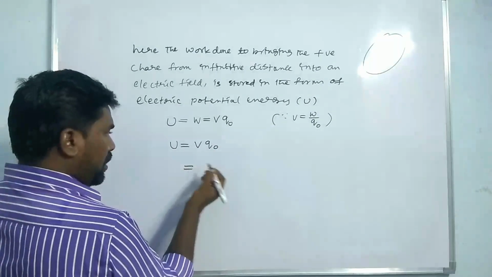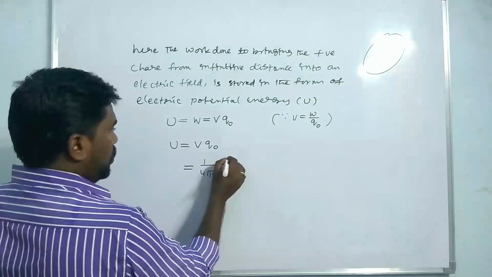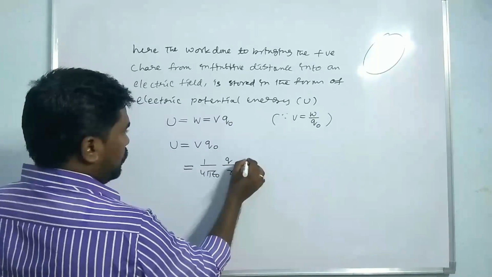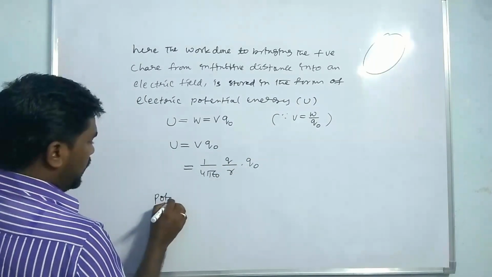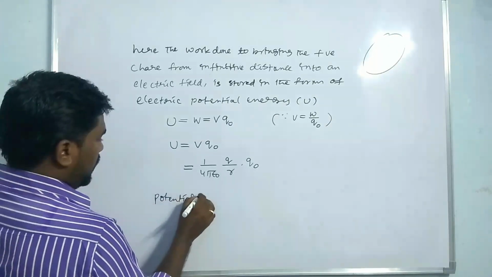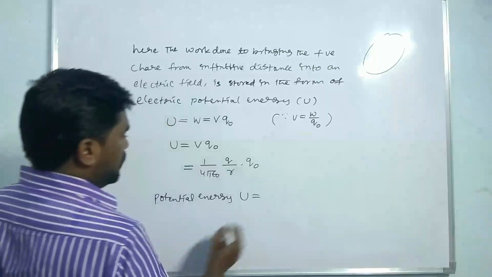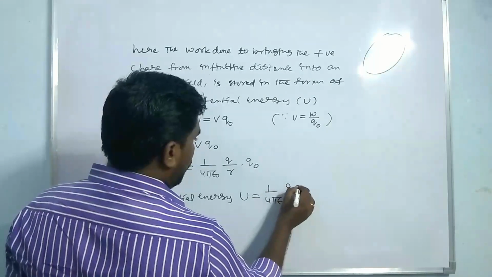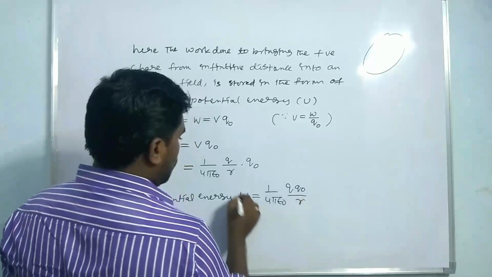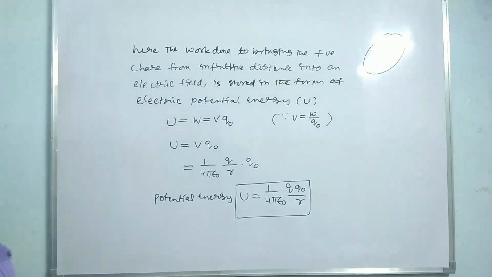Already you know that V is equal to 1 by 4 pi epsilon naught Q by R, into Q naught. Therefore potential energy U is equal to 1 by 4 pi epsilon naught Q Q naught by R. So this is the electric potential energy of a point charge.